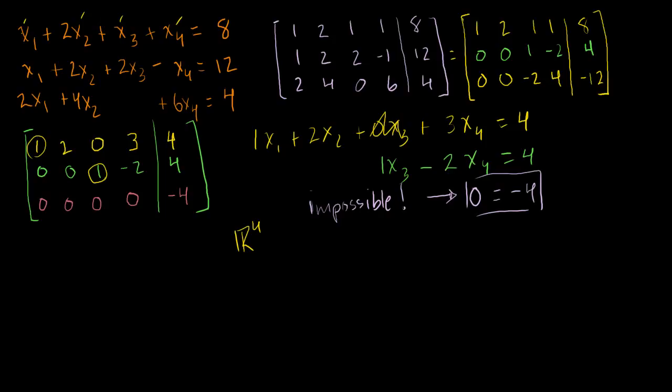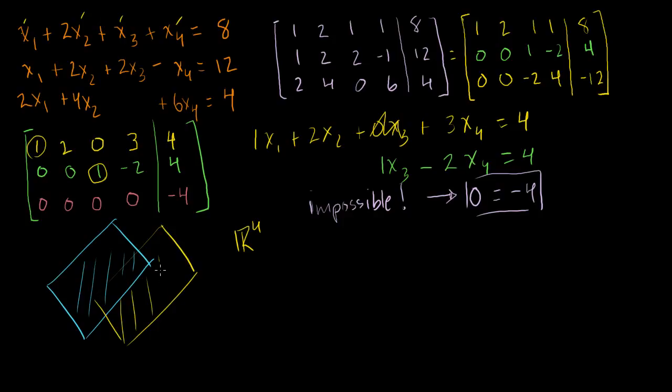But if we were doing things in R3, we can imagine a situation where we had 2 planes in R3. So that's one plane right there. And then I had another completely parallel plane to that first one. Let me give an example.